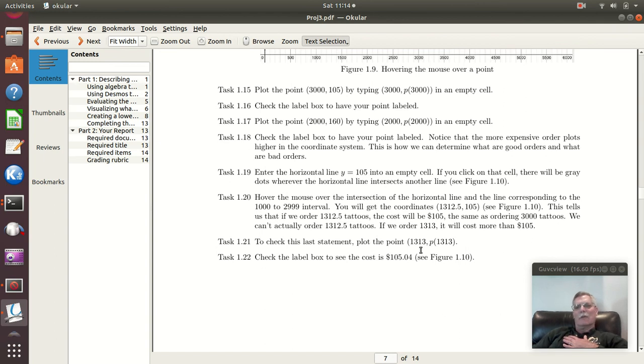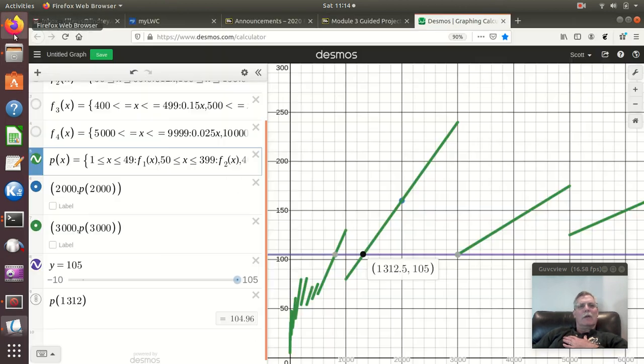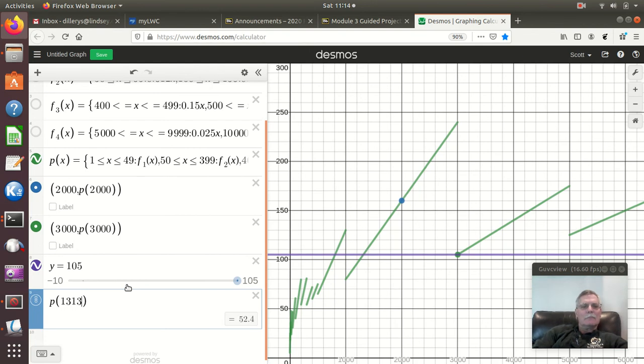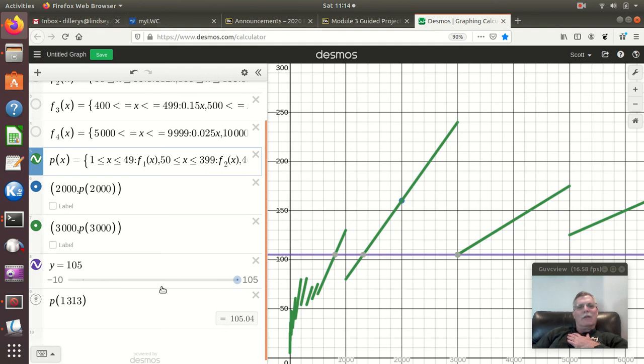It talked about the 1313 being too much. And so if I go back here, I can check that as well. 1313, 105.4, too much. Okay, so what we want to do is end up cutting this thing off at 1312, so that we never order more than we should.